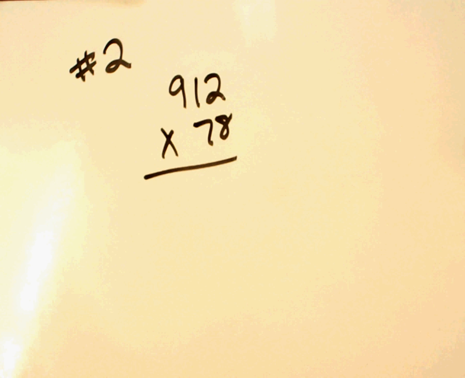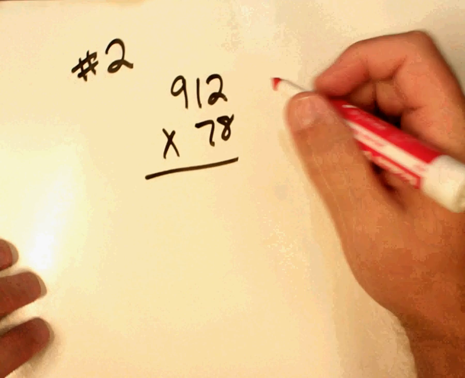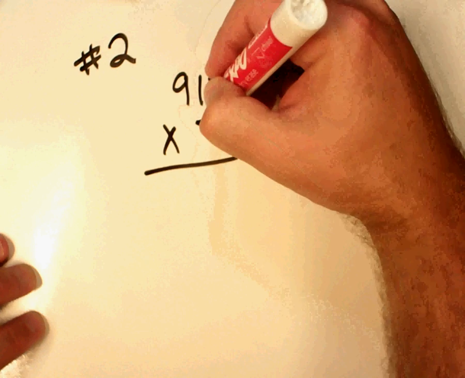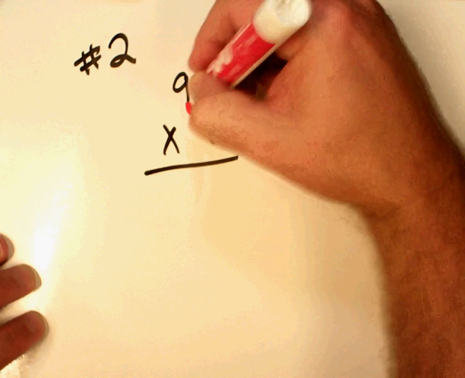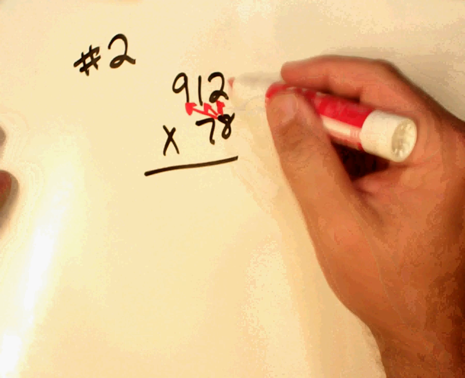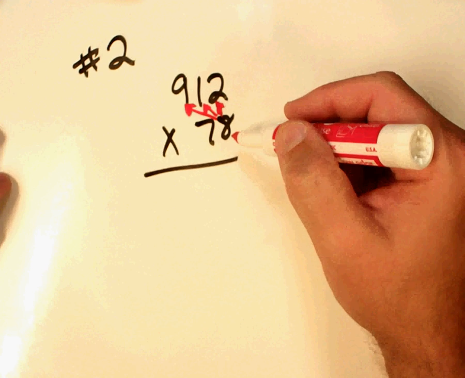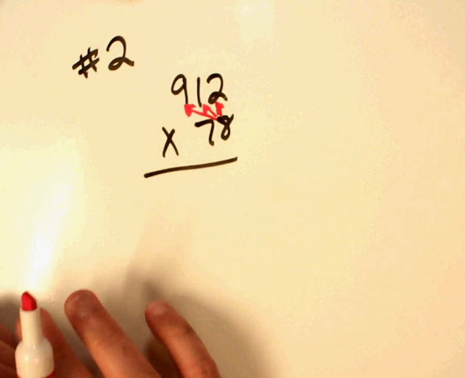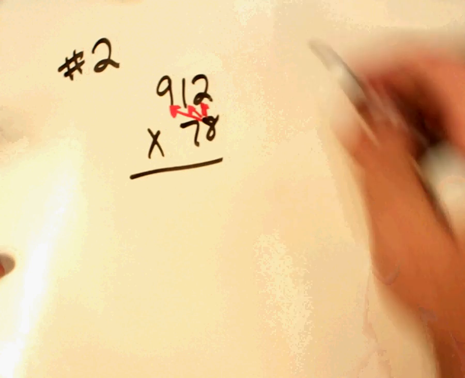Alright, once again I'm going to use my different colors just to show my steps. Draw my arrows. And you can draw your own arrows if you need to. If you're going to draw arrows, though, you probably want to make a little bit more space. I'm using color, so it's pretty easy for me to see. But if it helps you to draw the arrows, rewrite the problem and just give yourself a little bit more space.